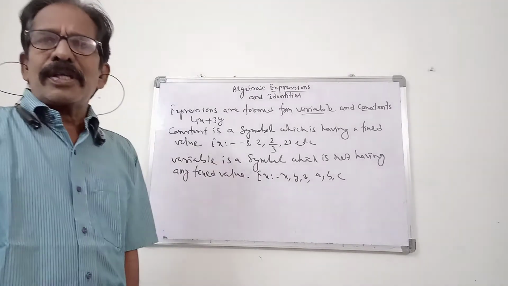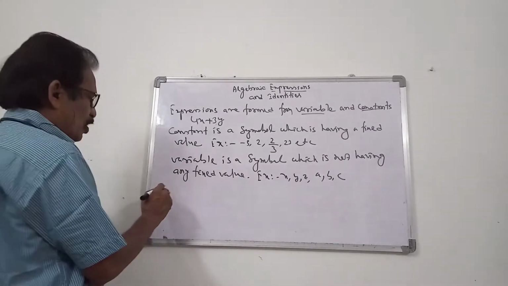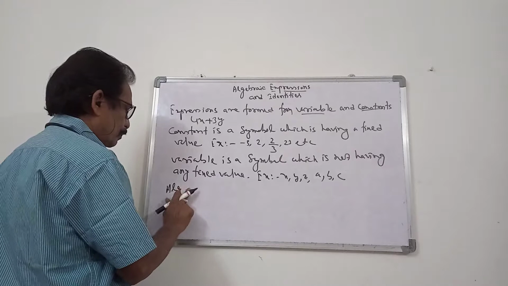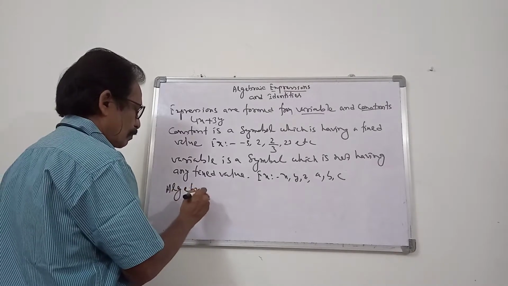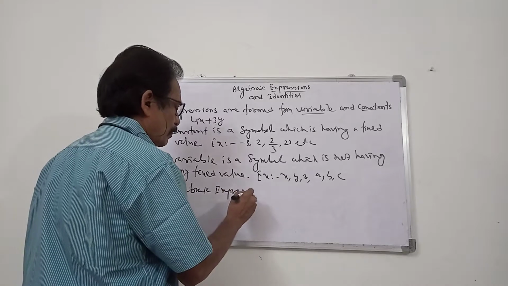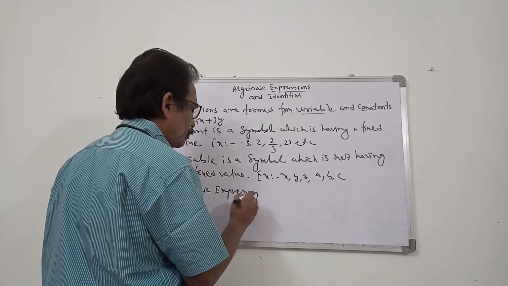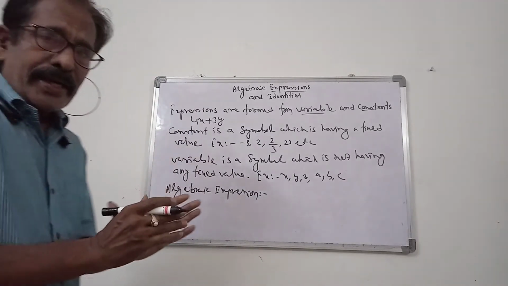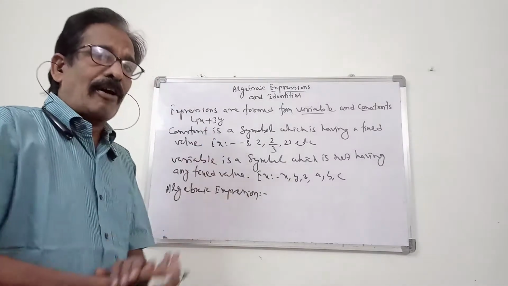Now, what is an algebraic expression? An algebraic expression is a combination of variables and constants.